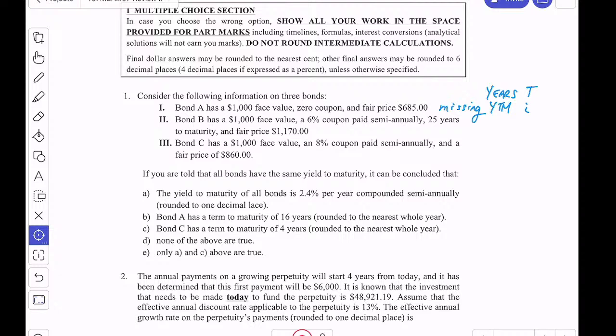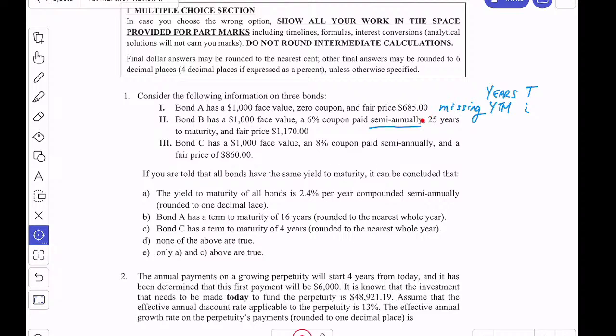So let's see here in number 2, face value, it's a coupon bond, 25 years, and you're told that they're paid semi-annually. You should assume that bonds pay semi-annually unless otherwise told. So you have the coupon rate, which you need to adjust because this is a stated rate.